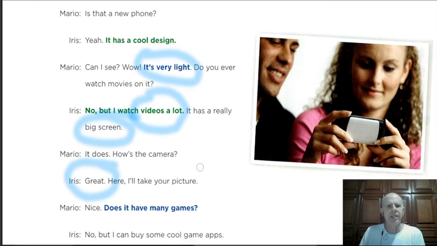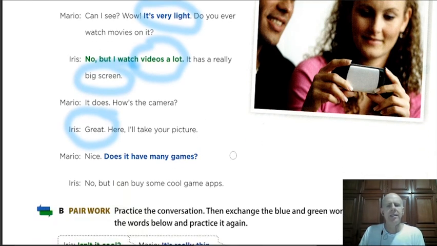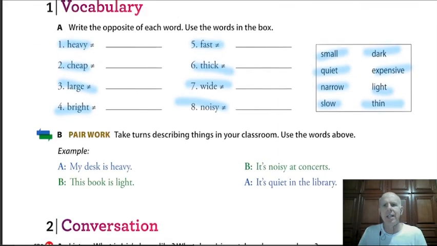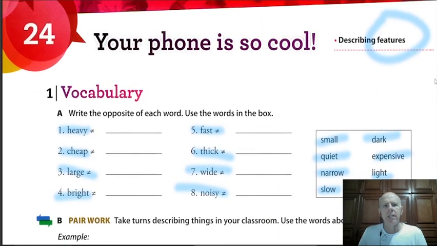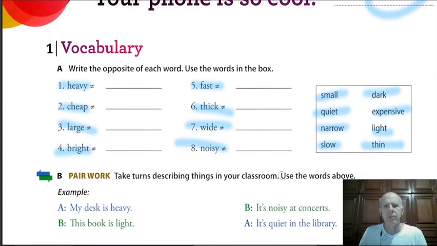You see, they are talking about features. We practiced the conversation, and it was all about learning how to talk about features. My desk is heavy. This book is light. It's noisy at concerts. It's quiet in the library, right?